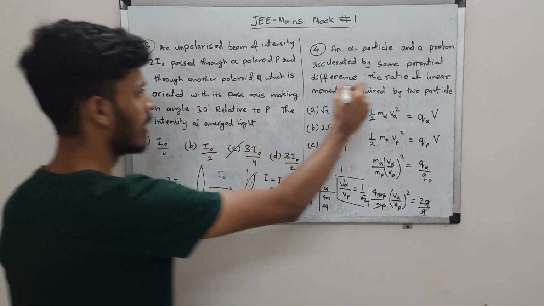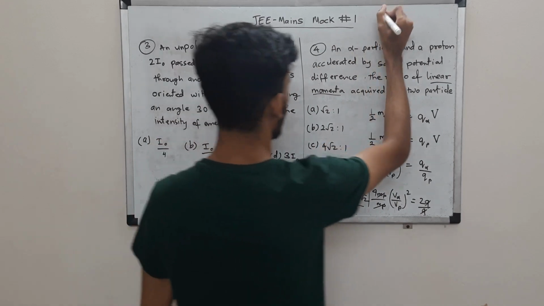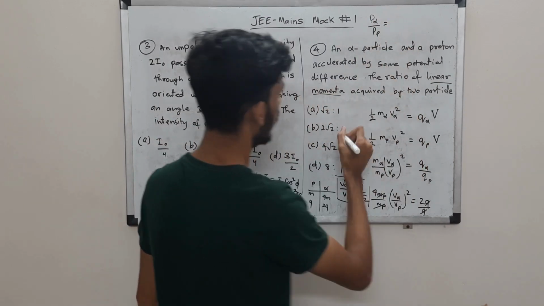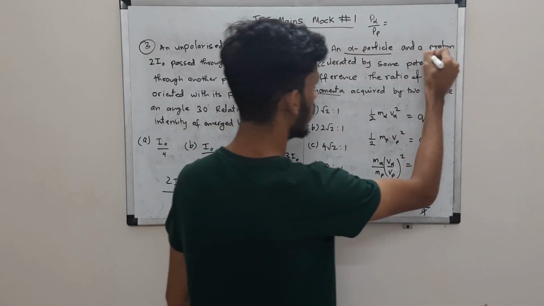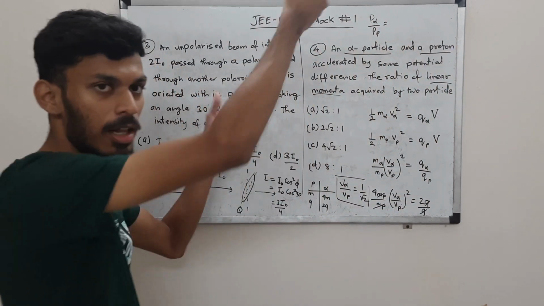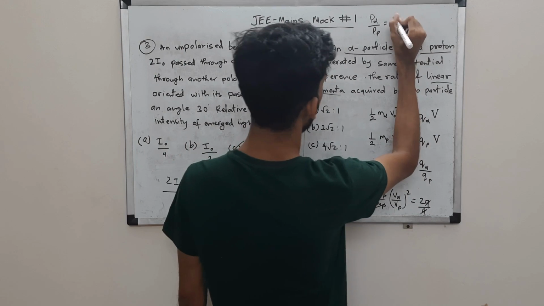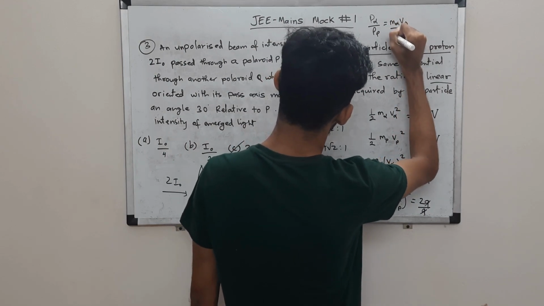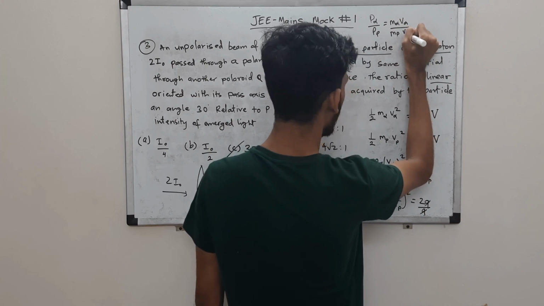But we are supposed to find the ratio of linear momenta, which is also very simple, P alpha by P of proton. Again, you are given the alpha particle first and proton later, so it is P alpha by P proton. Important point to remember, that will be m alpha V alpha upon m of proton V of proton.